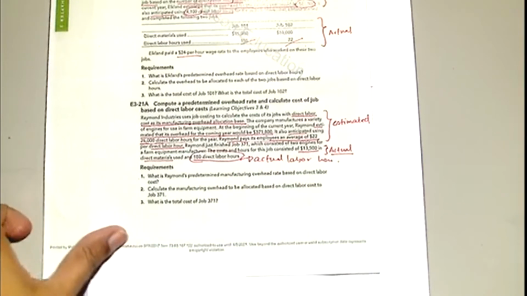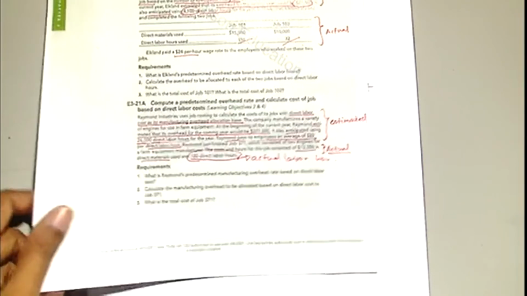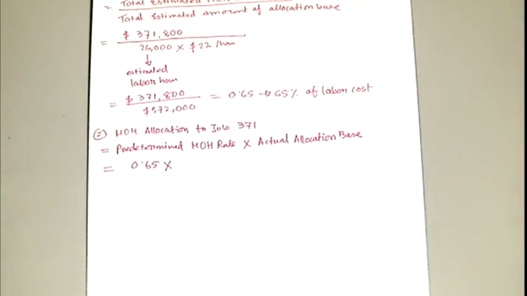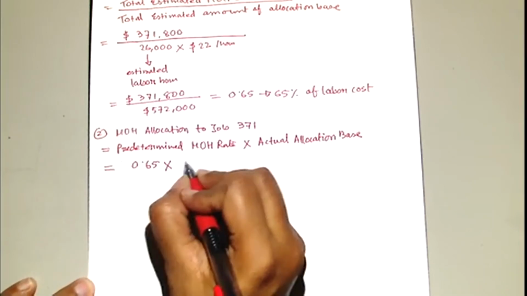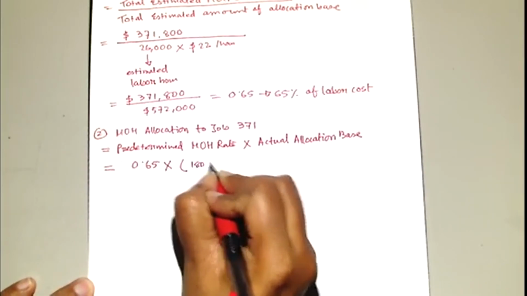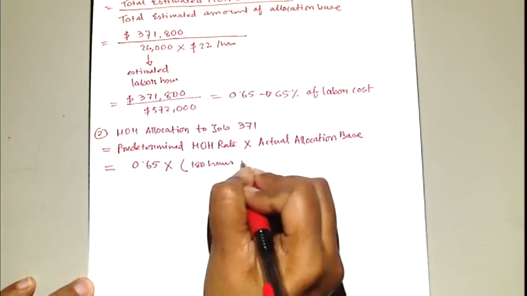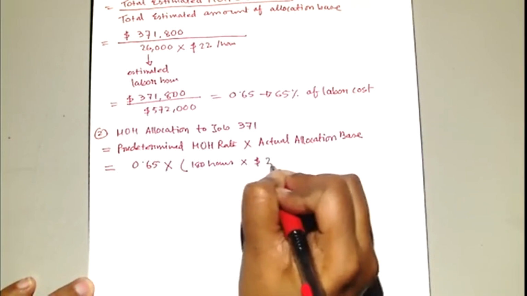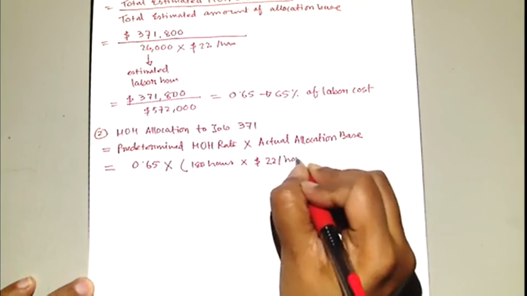So you know your actual labor hours, you know your wage rate. If you multiply these two, you will find your actual labor cost, which is your actual allocation base. So your labor actually worked 180 hours times your wage rate of $22 per hour.